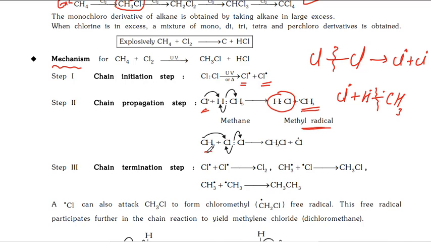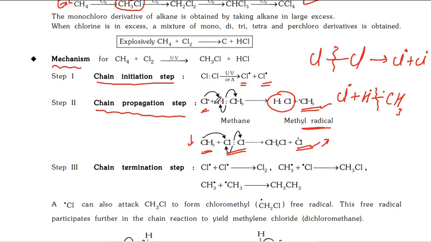Then the methyl radical attacks neutral chlorine. The methyl radical needs only a single electron species, so chlorine again undergoes homolytic cleavage, and again a chlorine radical forms. So you can observe here, in every step one radical is consumed and one radical is generated. This step is known as chain propagation. The first one is chain initiation: in the presence of light, the reaction starts.